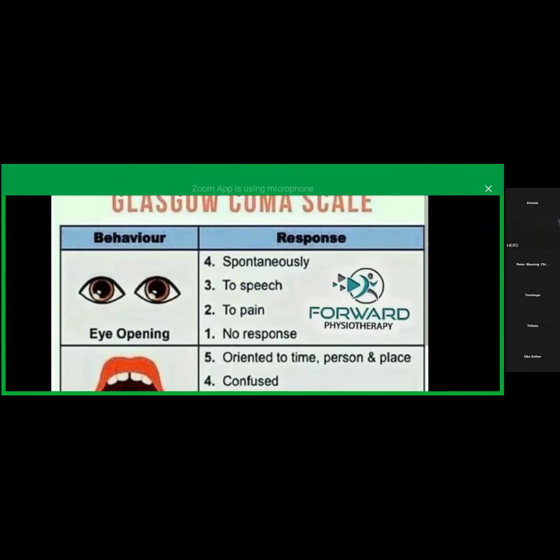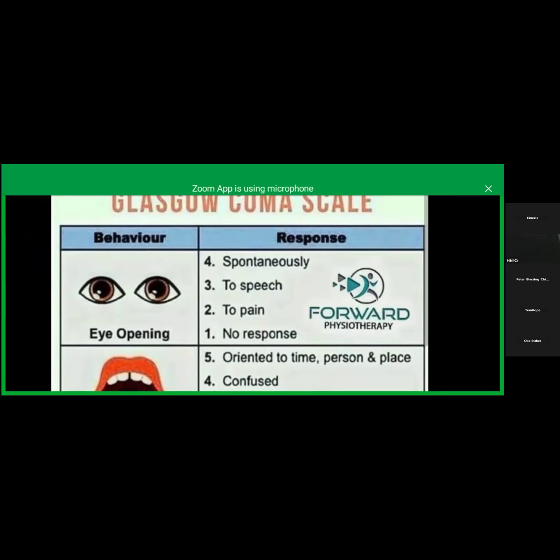It's a scale that is used to know if a patient is conscious, or semi-conscious, or completely unconscious in coma. If you have been in the hospital, you see it used almost all the time. GCS, GCS, GCS. Let's check the patient's GCS. Let's see if the patient is unconscious. Let's know how deeply unconscious the patient is.